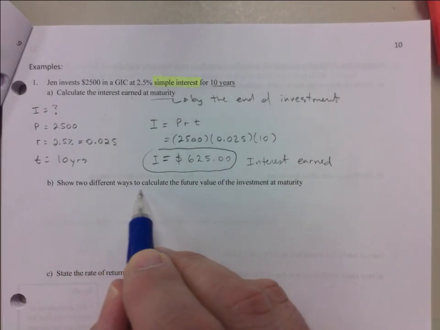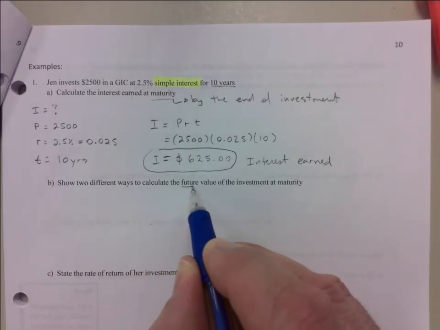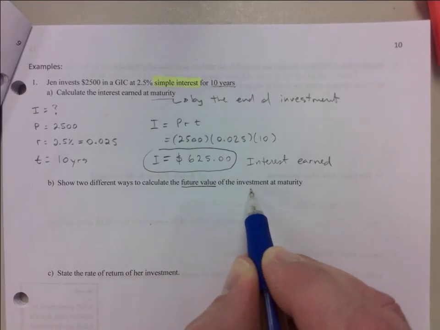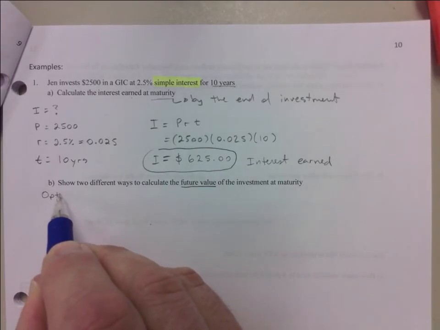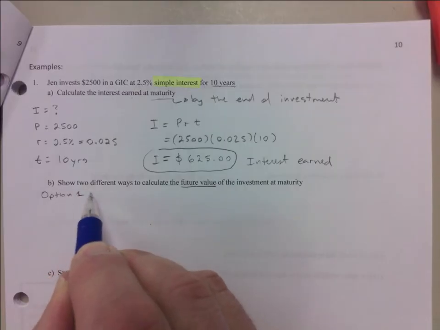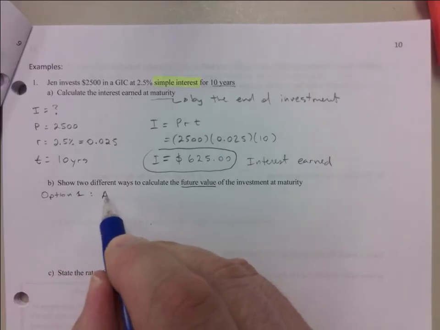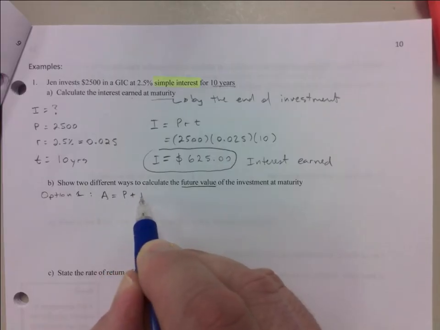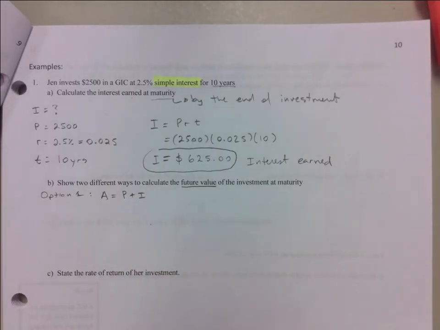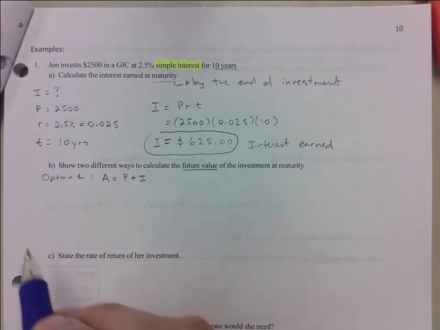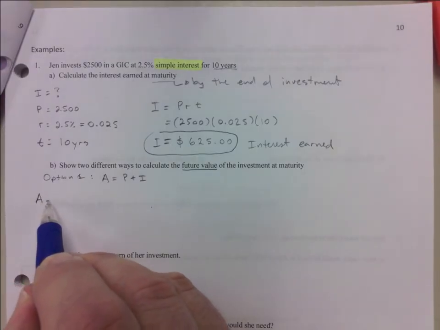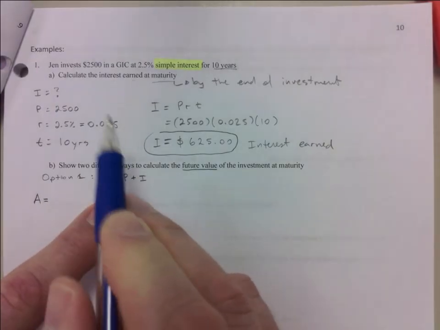Show two different ways to calculate the future value of the investment at maturity. Option 1, A is equal to P plus I. Future value. What's P in this context here?